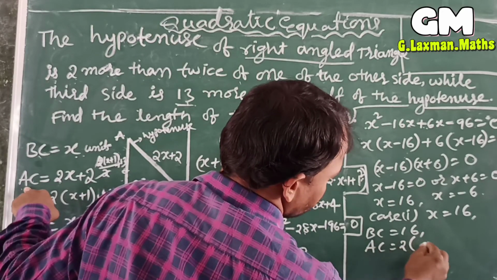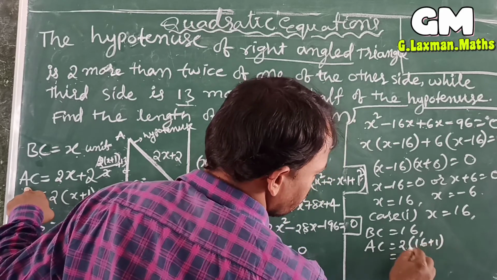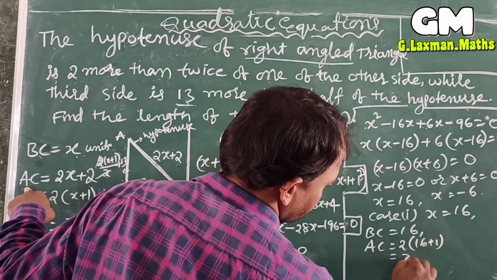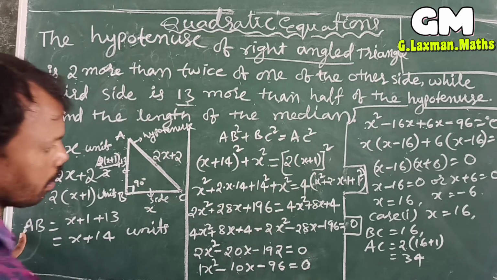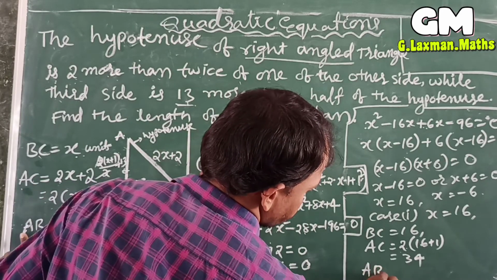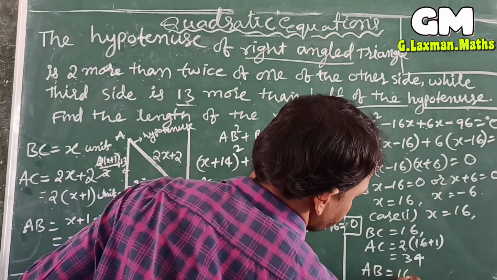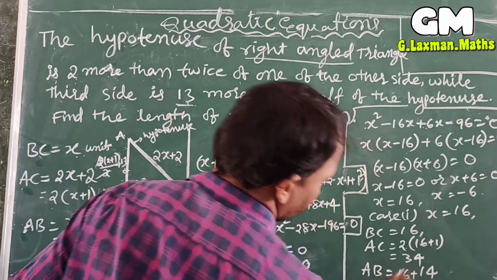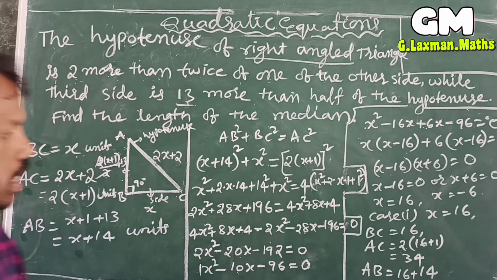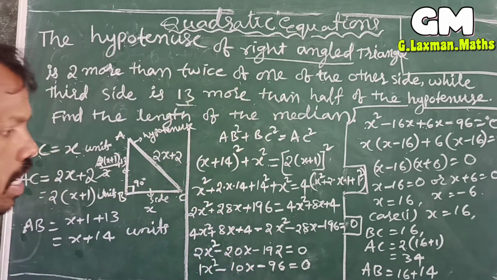AC is 2 into 16 plus 1, that is 2 times 17, 34. AC is 34. Next, what is AB? AB is 16 plus 14, that is equal to 30. So here we are getting BC is 16, AC is 34 and AB is 30.